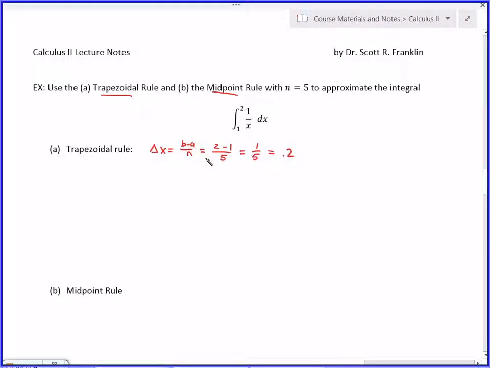But either way, you'll either know delta x or you'll know n, and from that is enough to find out what you're missing. All right, so let's start with our x's then. x0 is always your starting point, right? It's your a. So what is x1 going to be? It's 1.2. It's the next x. This is just 1 plus delta x.